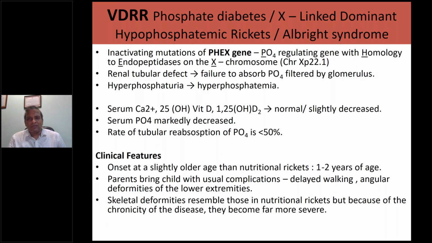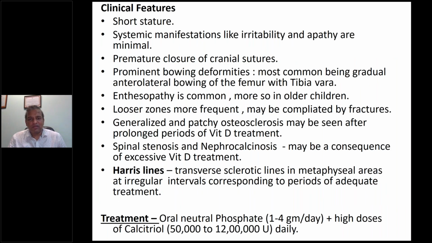Their manifestations are almost similar, though they have more nephrocalcinosis, and Harris lines are classical, seen as irregular sclerotic lines in the metaphyseal area. They need phosphate supplementation apart from vitamin D3 or calcitriol.